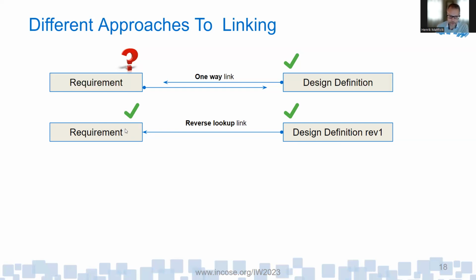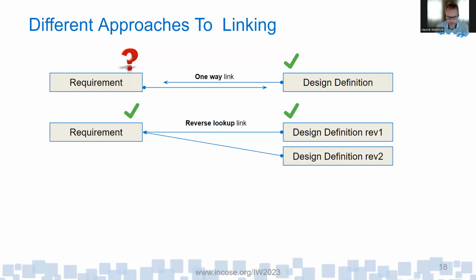The reason is that the tool does a reverse lookup to check, hey, is anyone linking to this? And yes, this one does. So then we will show that link there. That sounds like the perfect solution, but it can come with some challenges too.